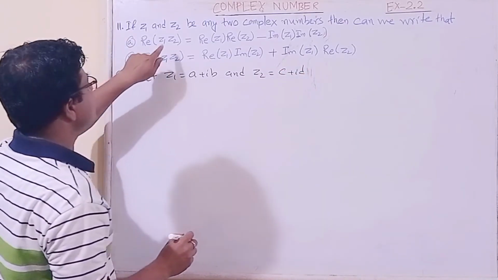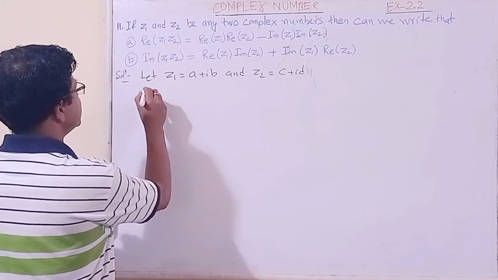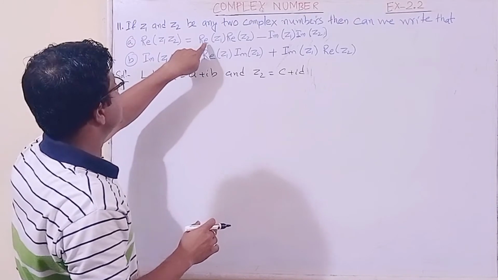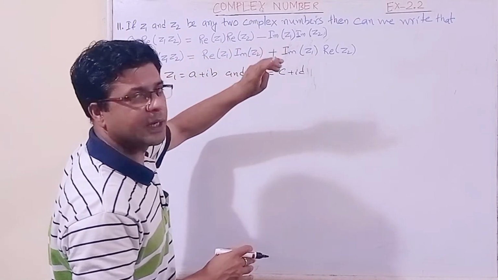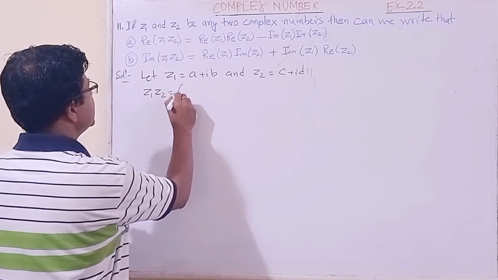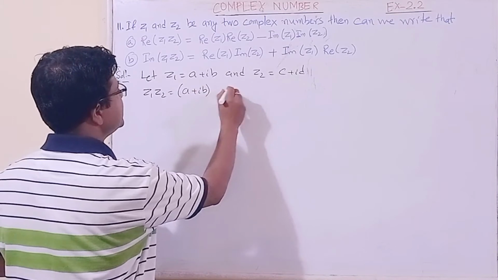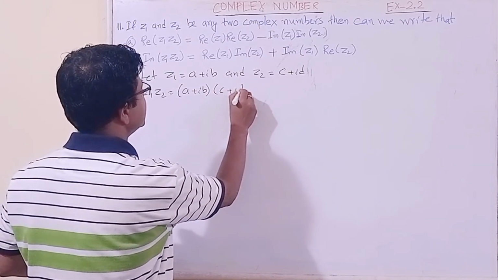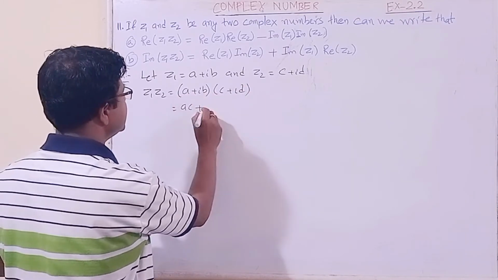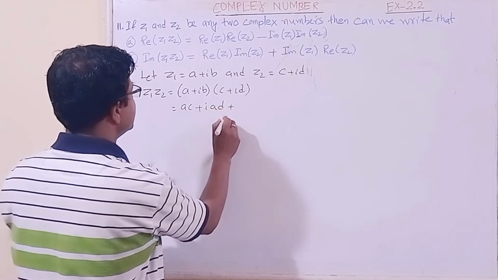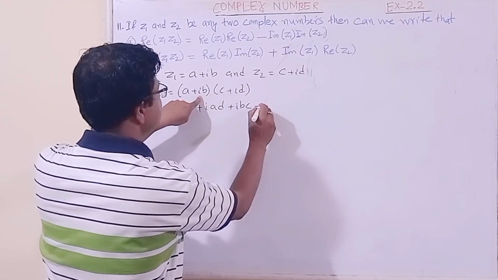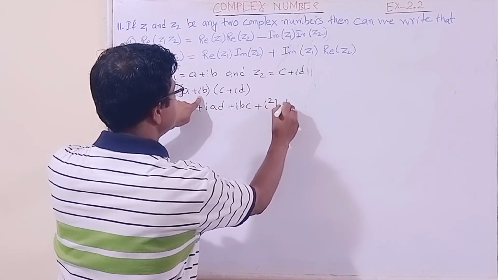At first, let us multiply Z1 into Z2, then we can compare their real part and imaginary part. Here Re is for real part, Im is for imaginary part. I hope you understood this. So let us find Z1 into Z2: (a plus ib) into (c plus id). a into c is ac, then a into id is iad, then with ib we multiply ibc, plus ib into id is i square bd.